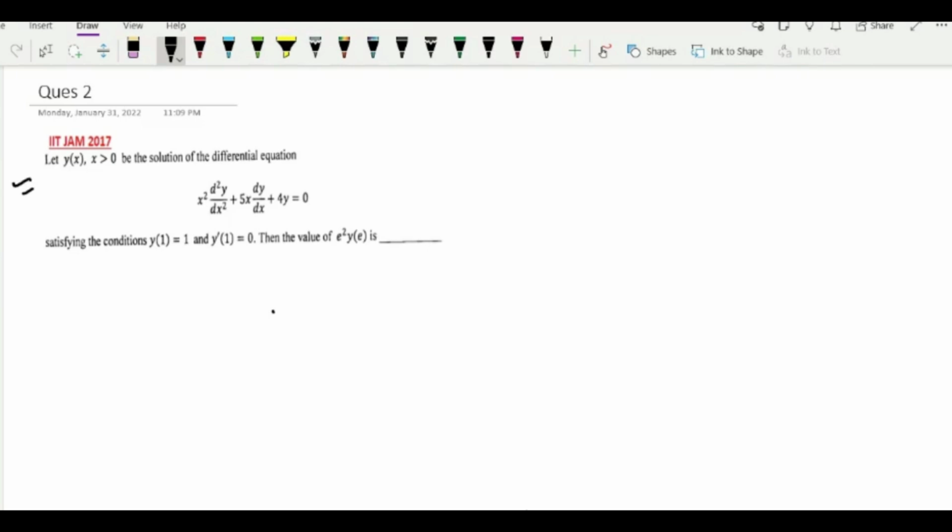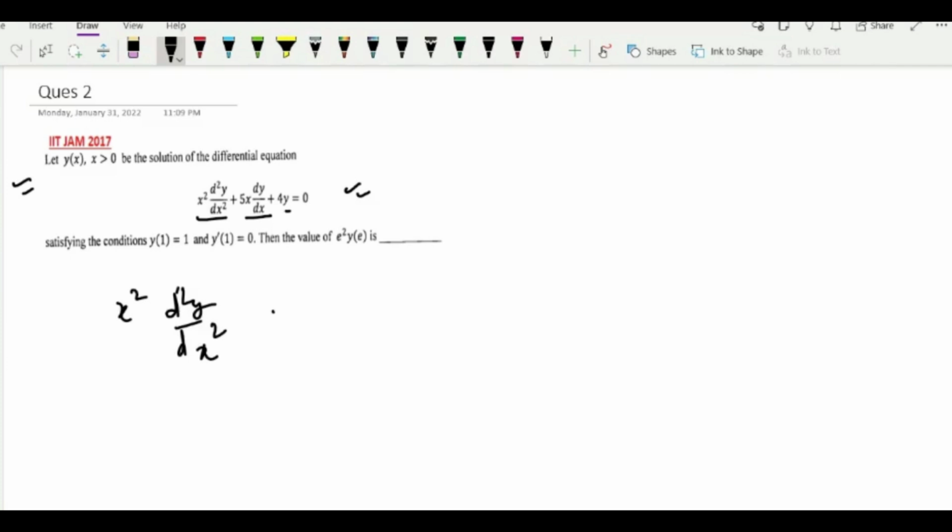Let y(x) be the solution of the differential equation this. Again, you can see from here, this is the equation having x power same as the differential order: x square d2, x d and y. So again, we can proceed in a similar manner.